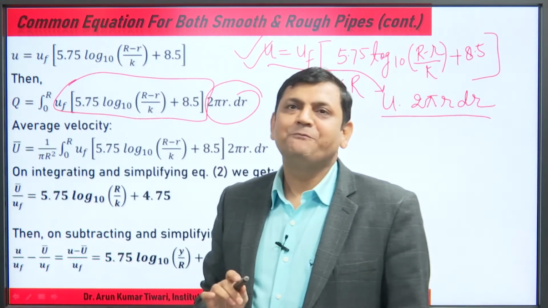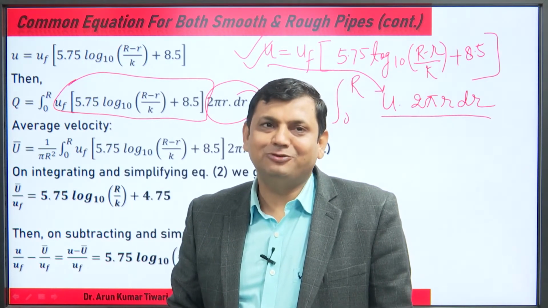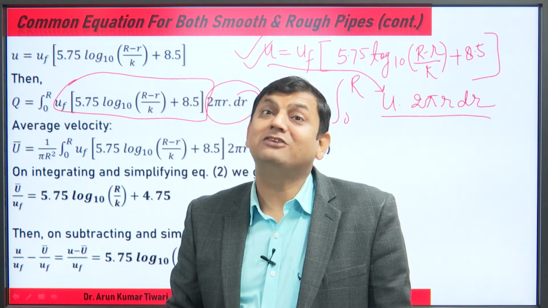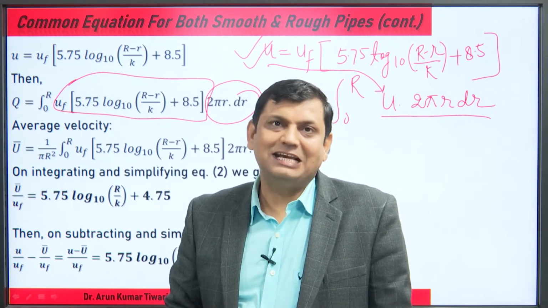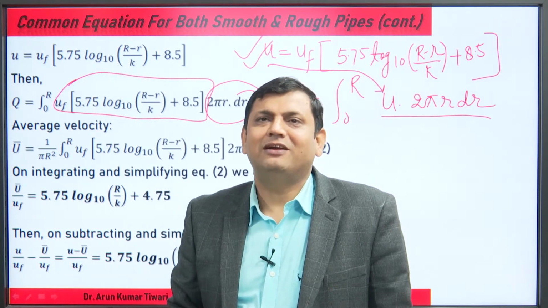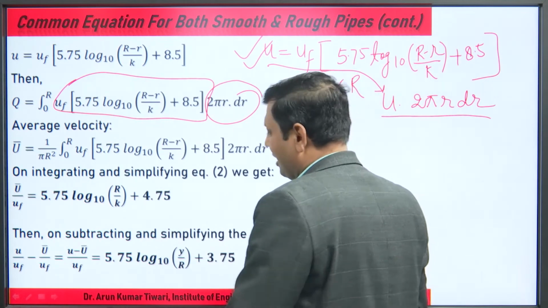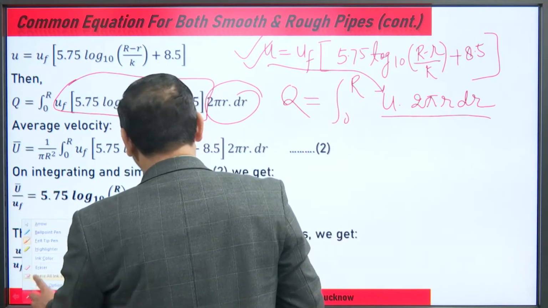Velocity into area: we have already calculated velocity in the form of the shear velocity, so we can calculate discharge. If you calculate the discharge, you can easily calculate the average velocity. How do you calculate average velocity?